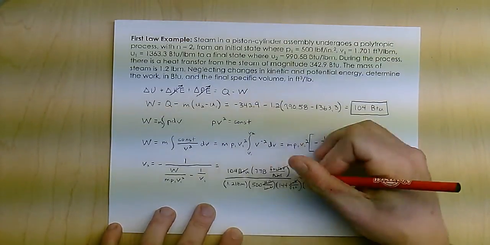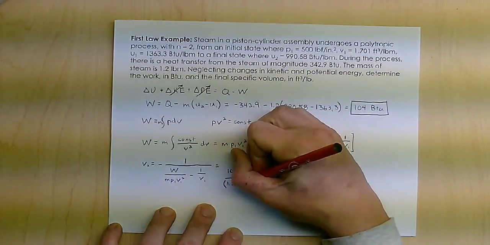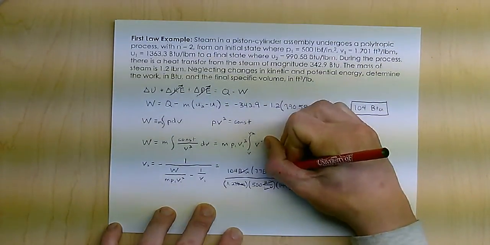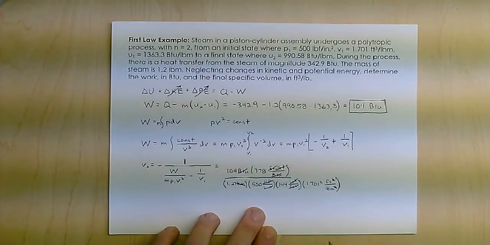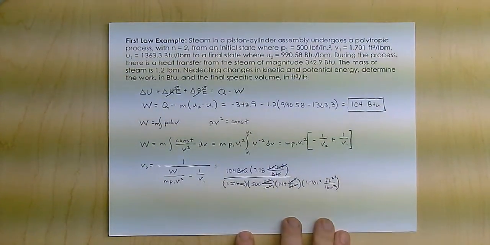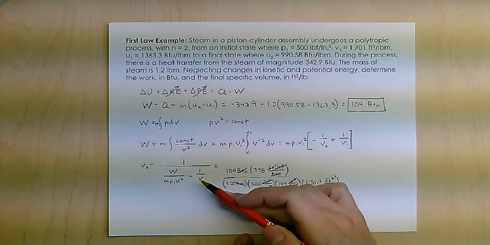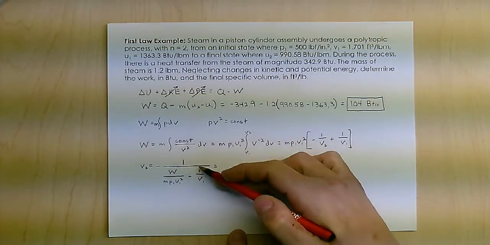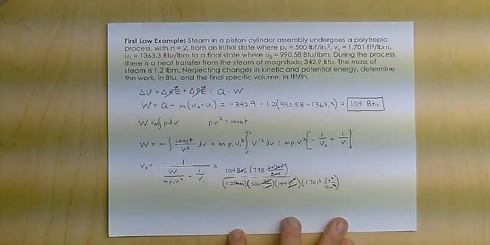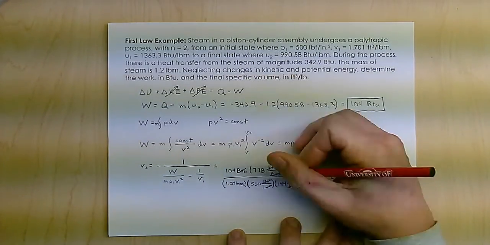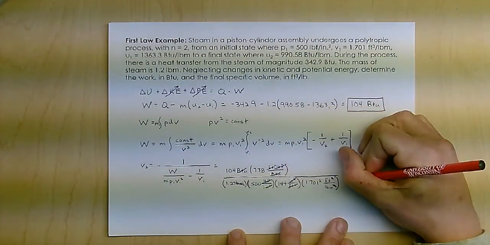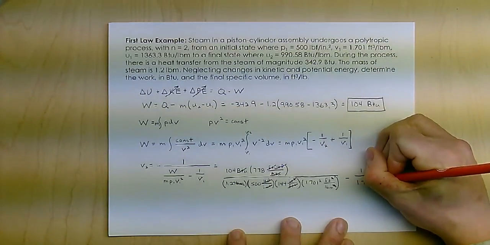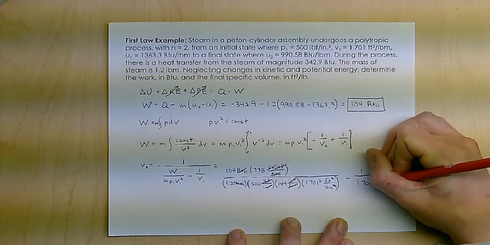But then one of these pound mass cancels with one of those pound mass, and three of these feet cancel. So what I'm left with is cubic feet per pound, which is volume, which is what I'm ultimately looking for: 1 over volume minus 1 over volume. Then I just subtract this by 1 over V1, which is 1.701 cubic feet per pound.